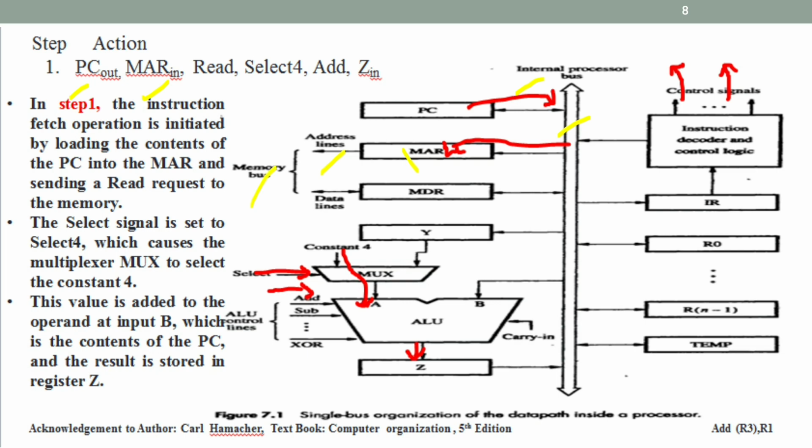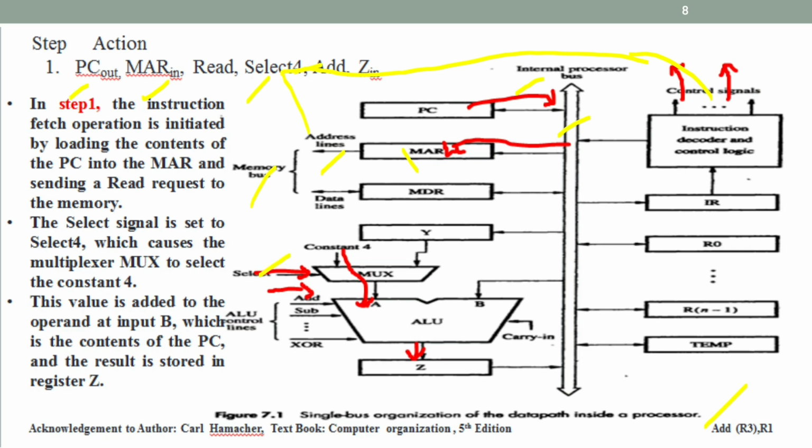So it will reach the memory location where the instruction add in bracket R3, R1 is stored, because the first three steps of the control sequence are to fetch this instruction. In that, we are discussing the first step. So a read signal will be sent to that memory location. Next we have the select control signal.